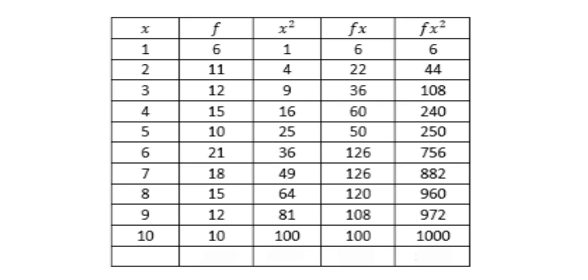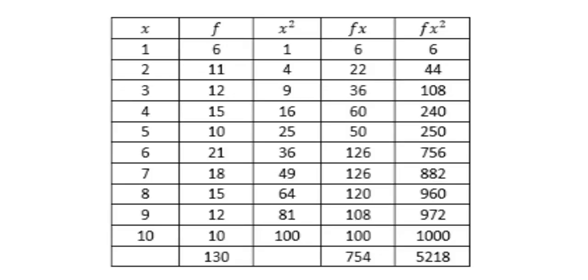And 12 by 81 is 972. And 100 by 10 will give us 1,000. So we find our FX squared, that's the product of F and the X squared values.